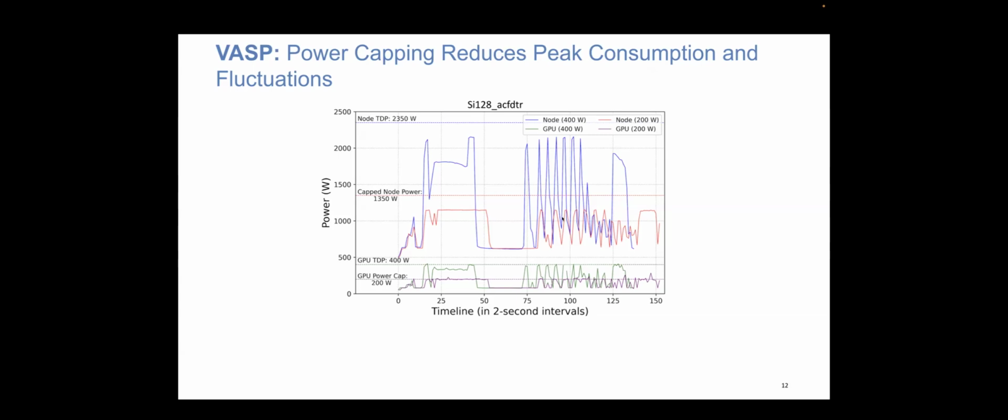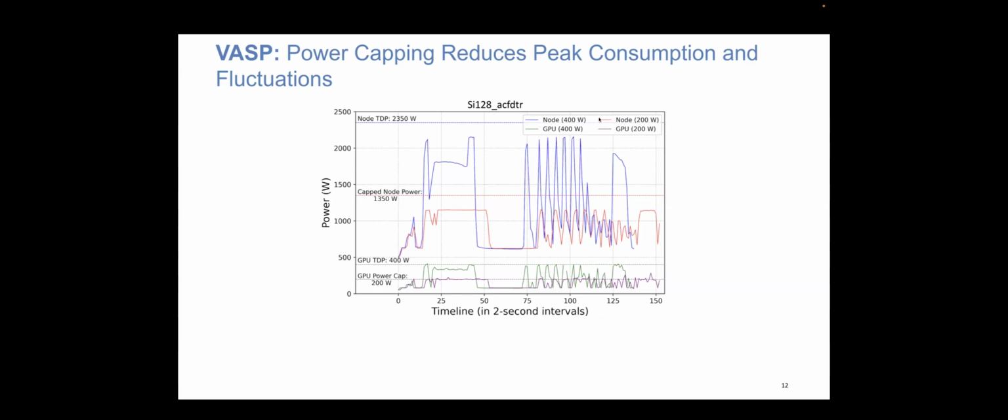So here I show two sets of data. The blue and the green show the node power and the GPU power when the default power cap is applied. That default is 400 watts.